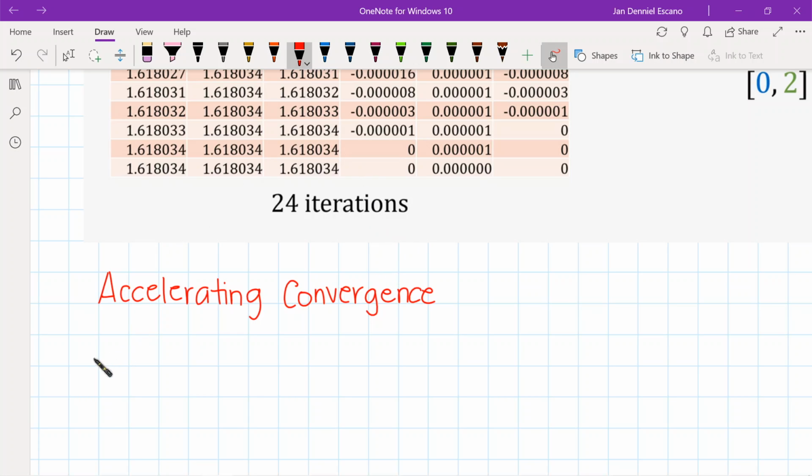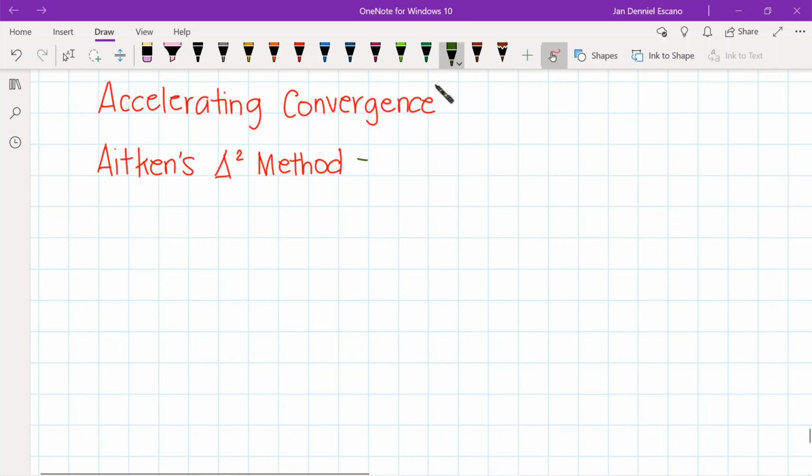So the first method that we will use is Aitken's delta squared method. So this is one of the steps in accelerating the convergence of finding the roots of an equation.